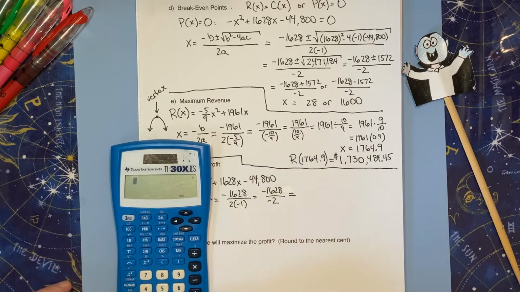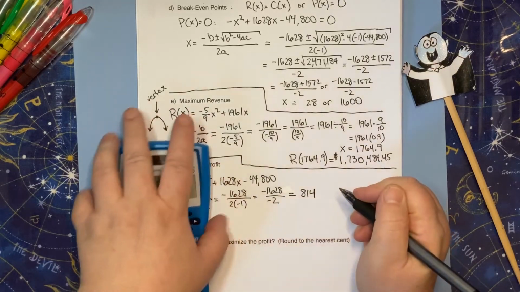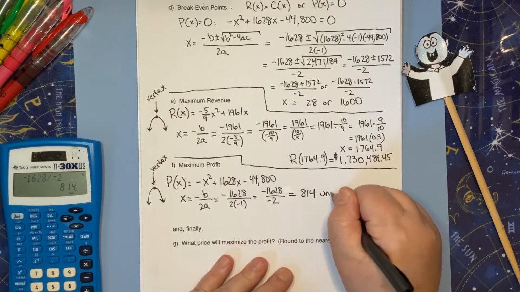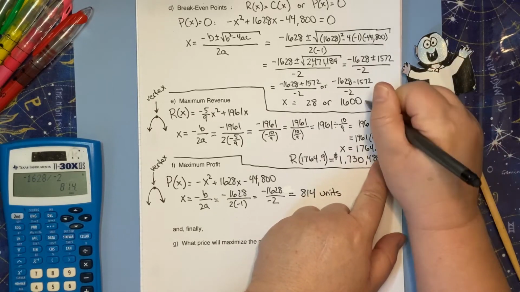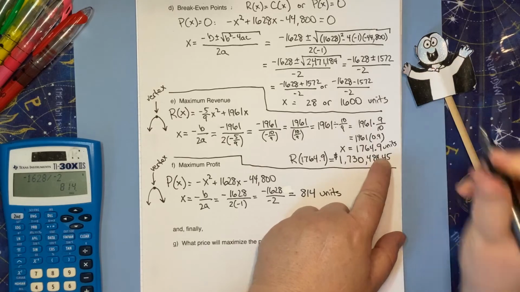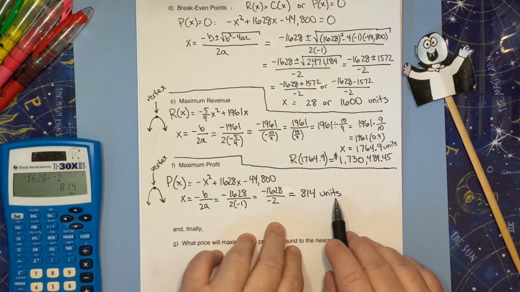But you know what? I don't trust myself. Yes, it's 814. And yet again, this is units. And in fact, I didn't write that up there. So let me just write that in. So this is 814 units.